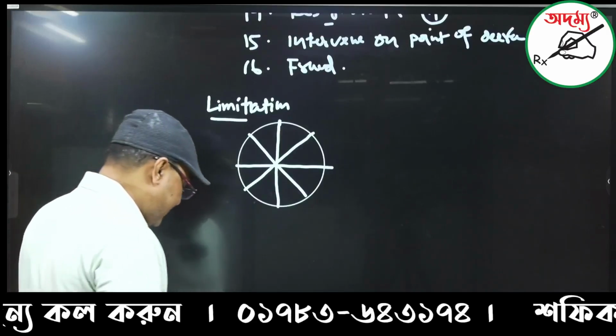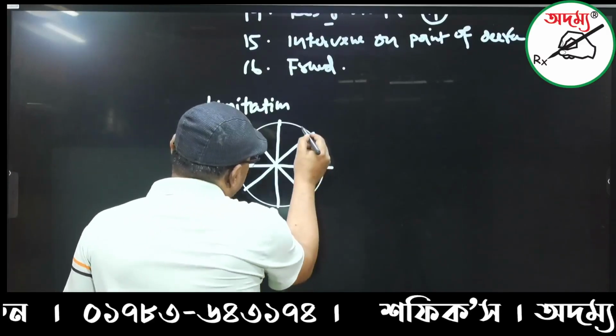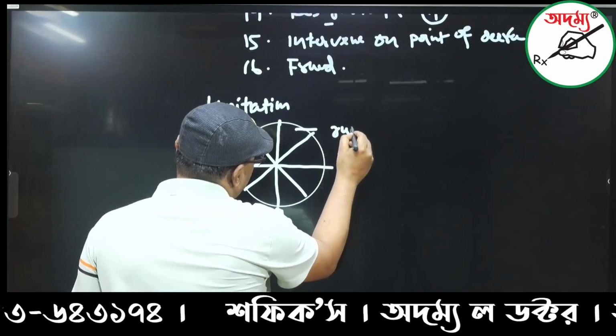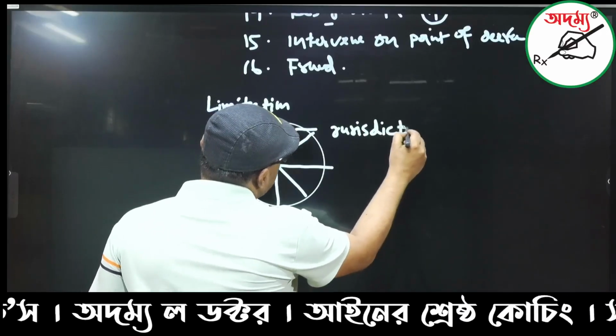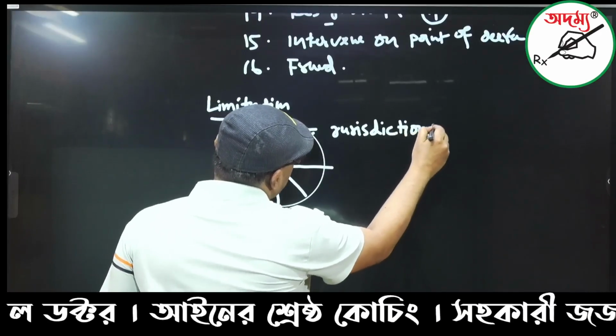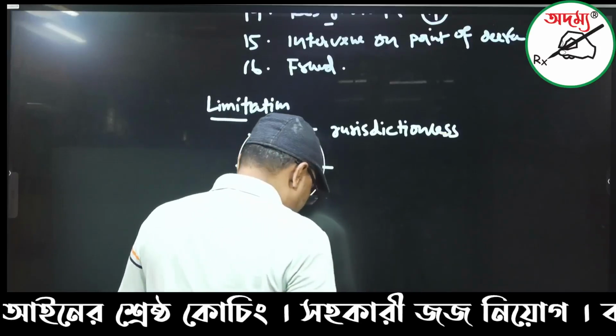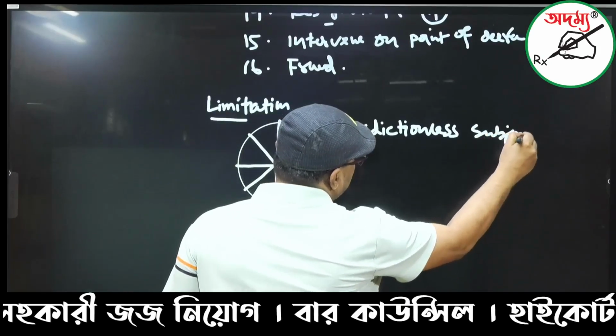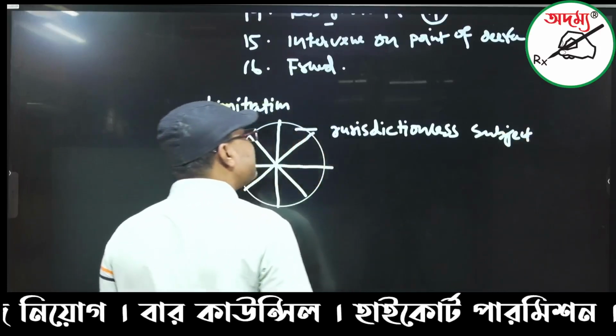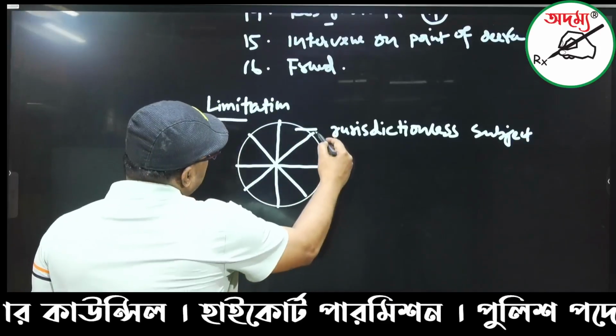Number one, this is a jurisdictionless power. If there is no jurisdiction, a jurisdictionless subject.